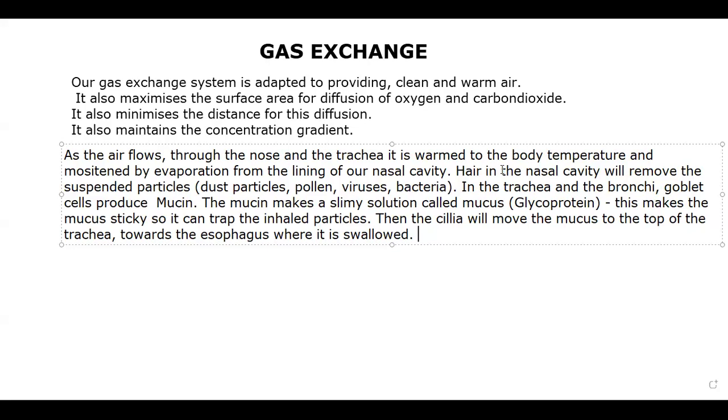Okay. Now, when we are going to talk about our alveoli, right? Alveoli have got quite a lot of special features that make them optimum for the job that they do. So what features does an alveolus have? Let's go ahead and discuss.